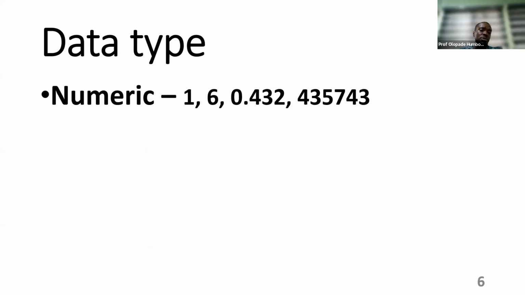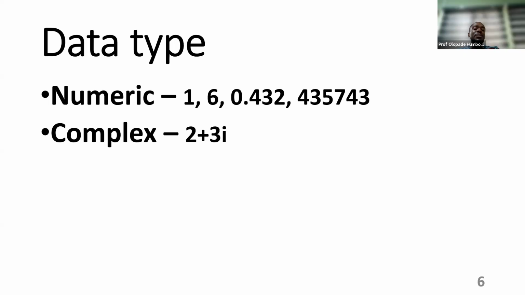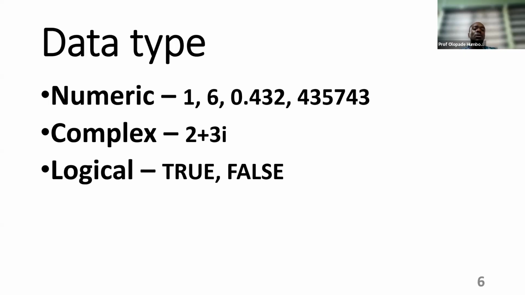So in terms of R, there are different types of data. We have the numeric data. R recognizes numbers, so you can do a lot of mathematical and statistical operations in R. R can recognize numbers, even complex numbers as well. R also recognizes logical values, that is true or false.